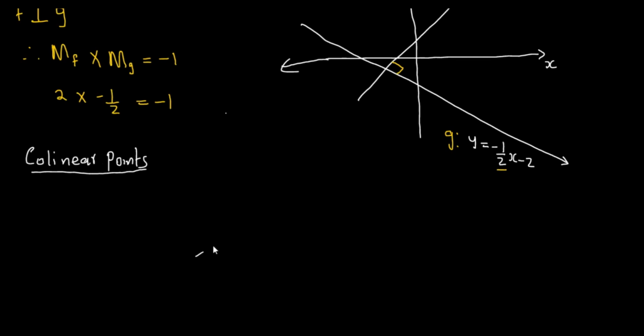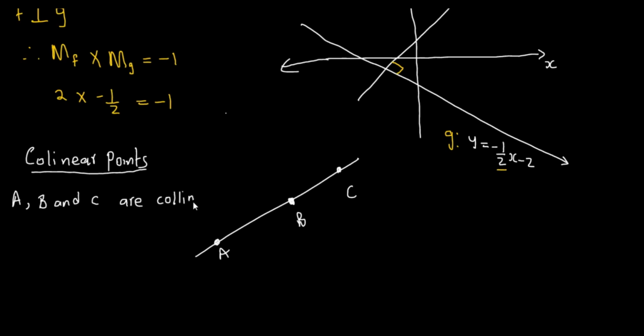If I have a straight line like this, this is point A, this is point B, and this is point C. These are collinear. Okay, they are collinear. I'm going to explain what is collinear.